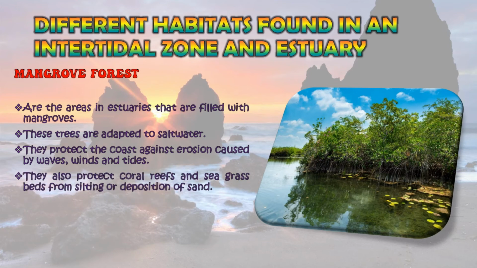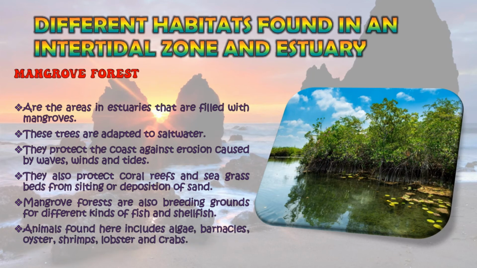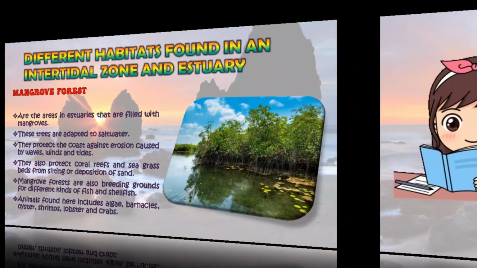They also protect coral reefs and seagrass beds from silting or deposition of sand. Mangrove forests are also breeding grounds for different kinds of fish and shellfish. Animals found here include algae, barnacles, oysters, shrimps, lobsters, and crabs.